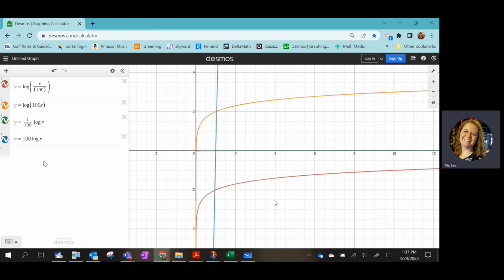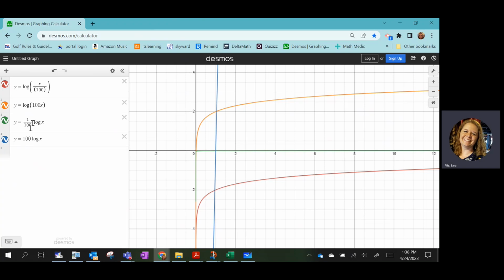Okay, so the red and orange, those are both the ones where the 100 is inside the log. It's part of what you're taking the log of. So that is a horizontal stretch or compression. This one is a horizontal compression, and this one is a horizontal stretch. When it's on the outside, it's a vertical change, and if it's greater than 1, it's a stretch.